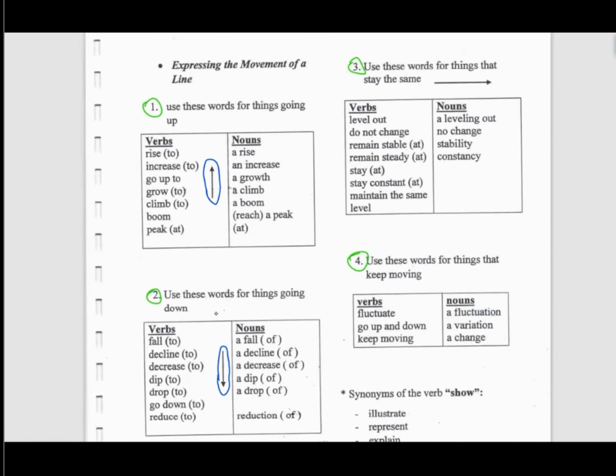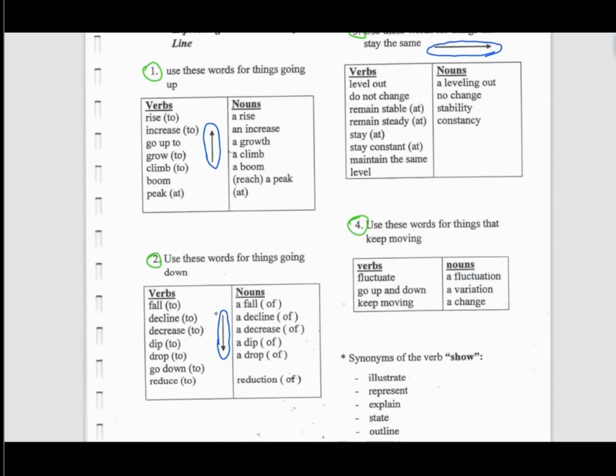Table number 3 has words for the movement when it has no change, when it stays stable. And here I want you to draw this movement that shows a fluctuation. Draw it with a pen in your book.